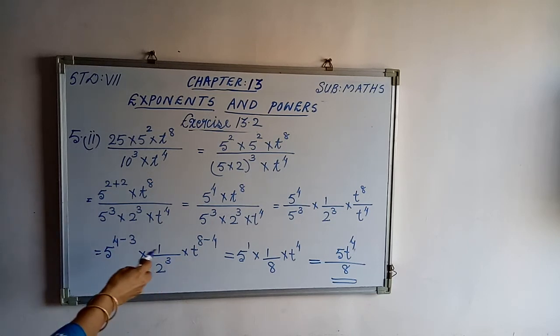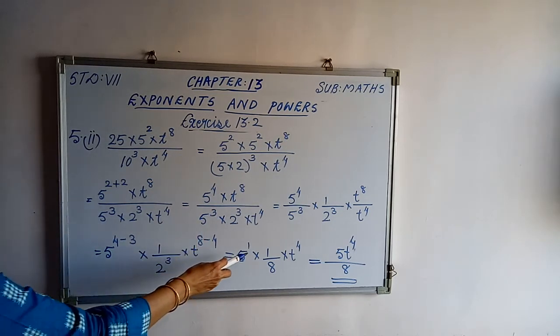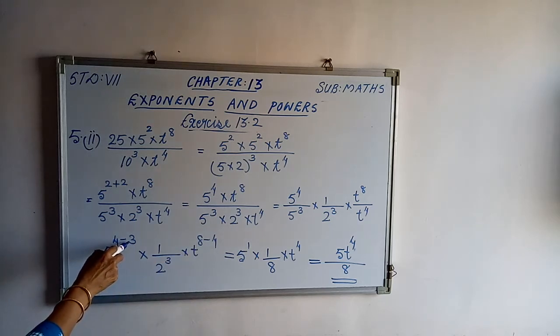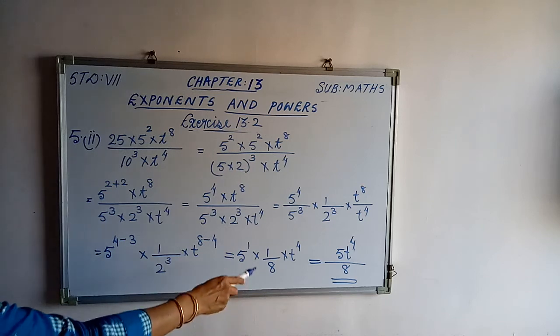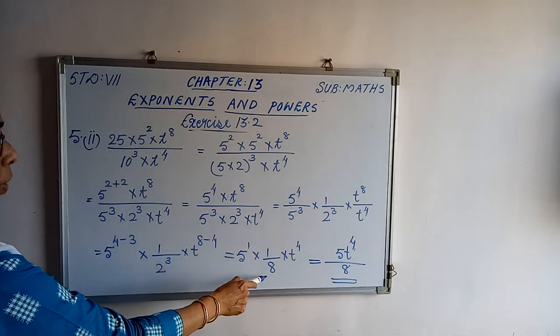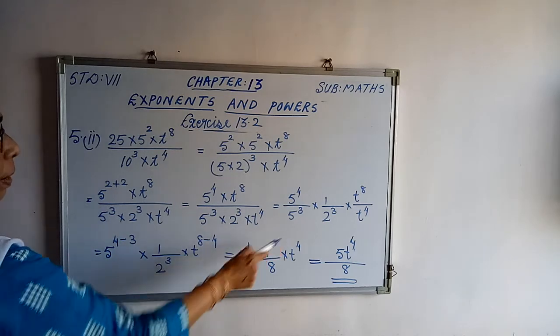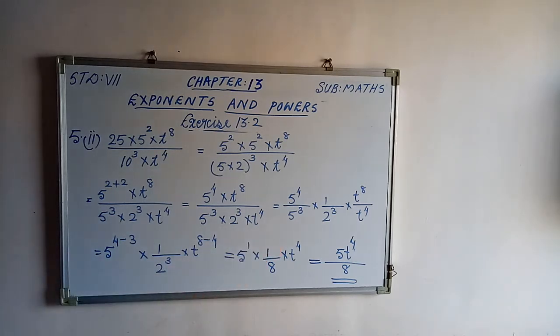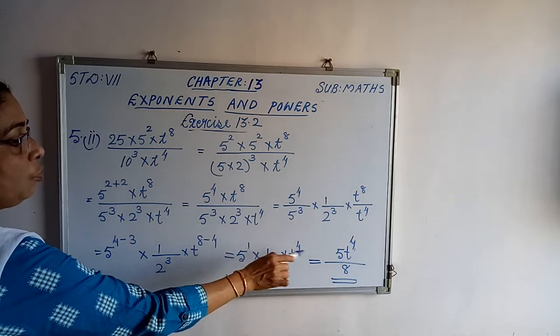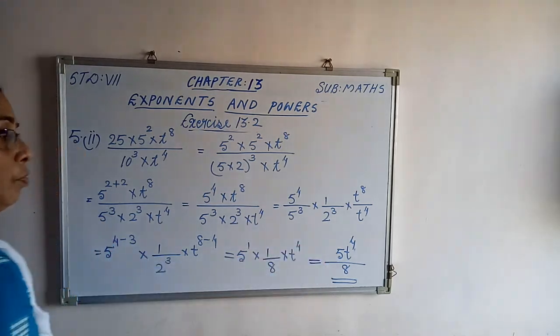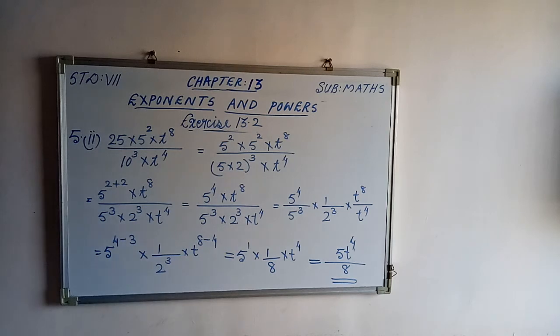And here, we get the answer 5 raised to 4 minus 3 into 1 upon 2 cube multiplied by t raised to 8 minus 4. That is 5 multiplied by 1 upon 8. 2 cube means 8 multiplied by t raised to the power 4. Now 5 raised to 1 means 5. 5 into 1 into t raised to 4. 5 t raised to the power 4 upon 8. That's the answer.